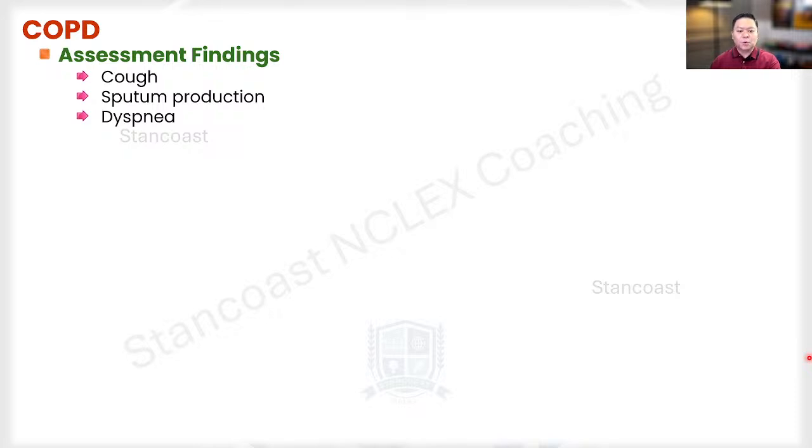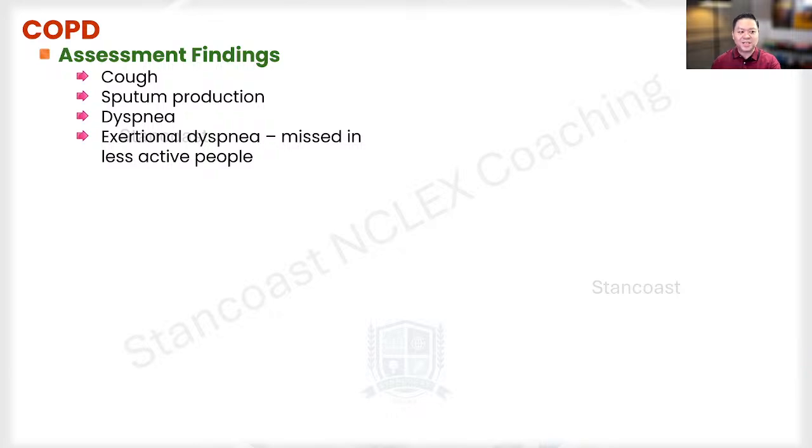And one of the earliest and often unnoticed symptoms is exertional dyspnea. This is something that can be easily missed, especially for those patients that are less active, sedentary, just staying at home, not really doing a whole lot of activity.